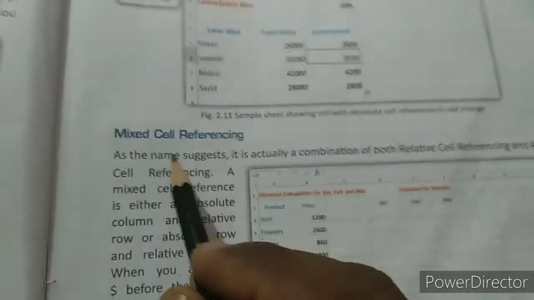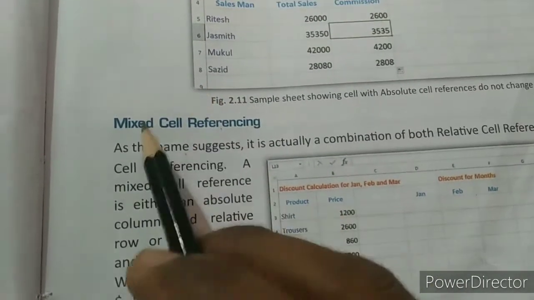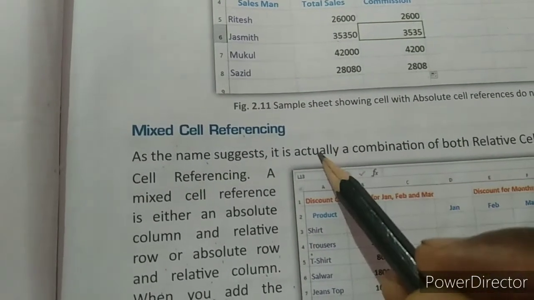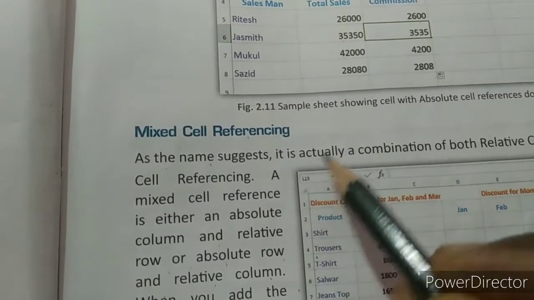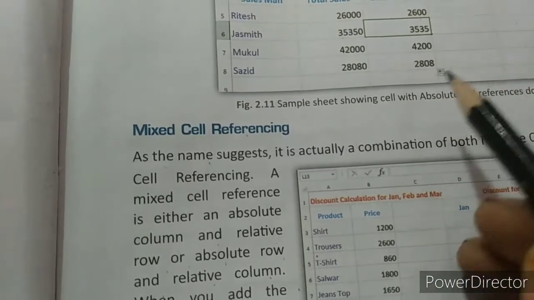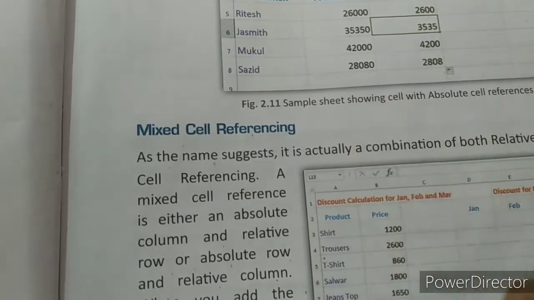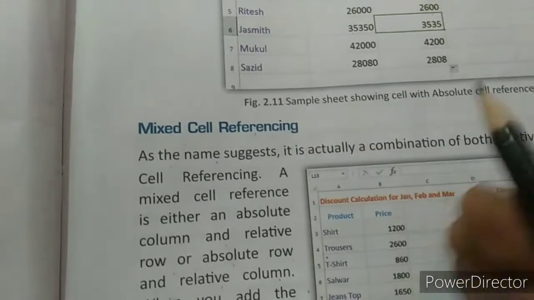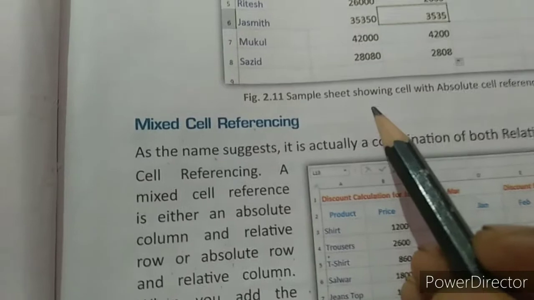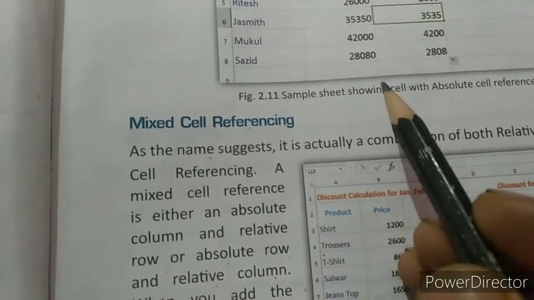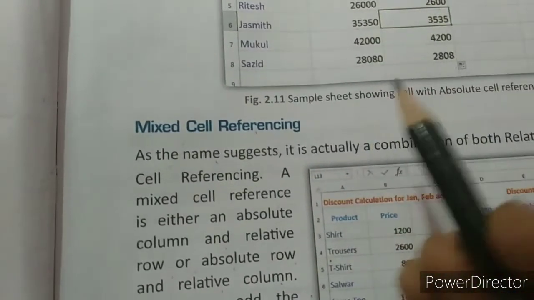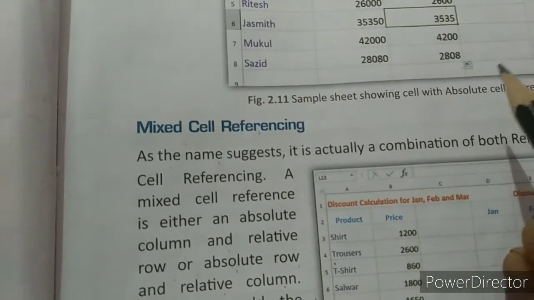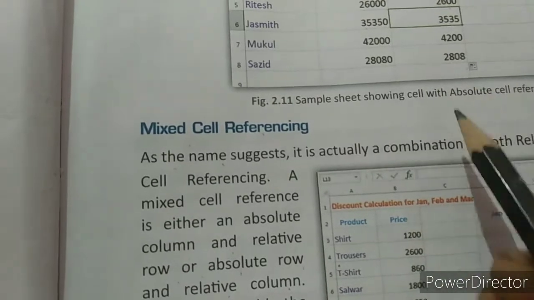There are some conditions in which we want to change the column but do not want to change the row, and there may be conditions where we want to fix the row and not fix the column. If you want to fix the column, then we will use $ in front of the column, and if we do not want to change the row, then the row will be written without $.